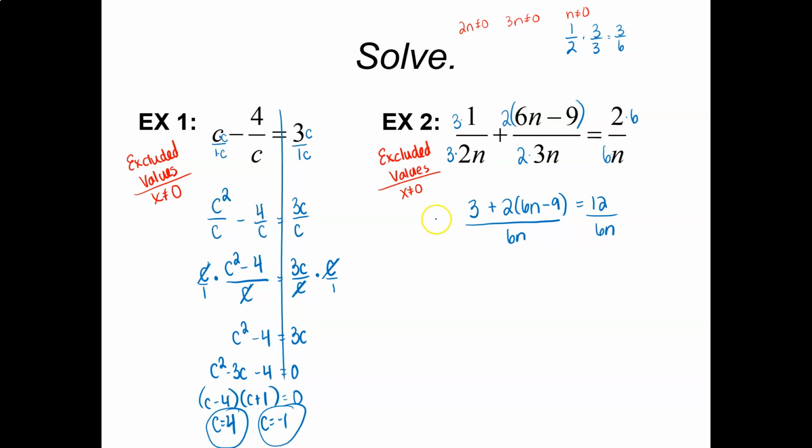Once you have those common denominators, if I multiply by 6n on this side, and I multiply by 6n on this side, it's like 6n over 1 here, 1 in top and bottom. It just cancels the 6n's. Eventually, we're just going to kind of start shortcutting that and mark it out from the beginning anyway. So, I'm left with 3 plus 2 times 6n minus 9 equals 12.